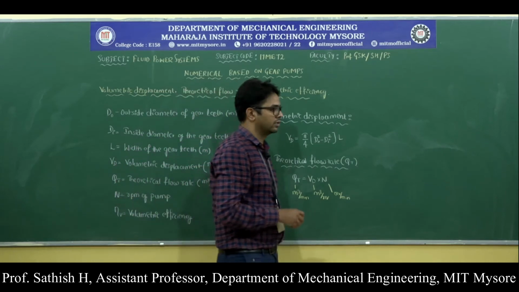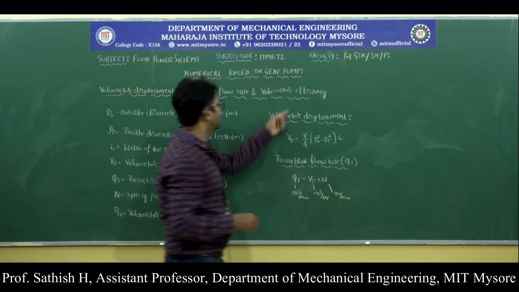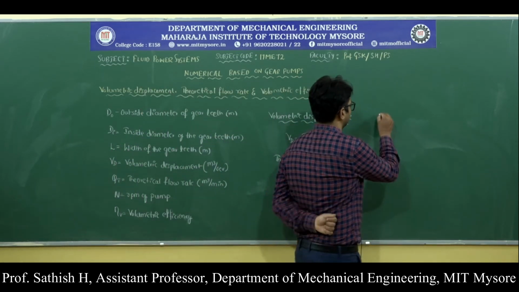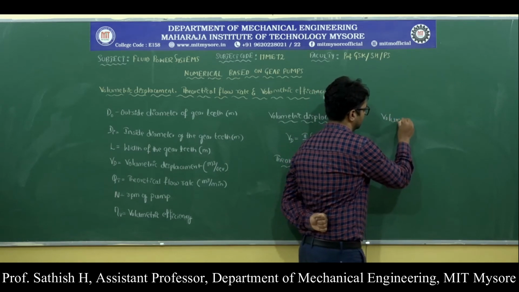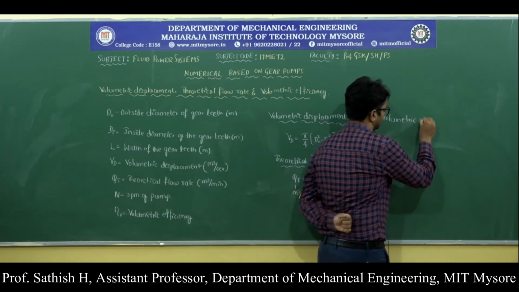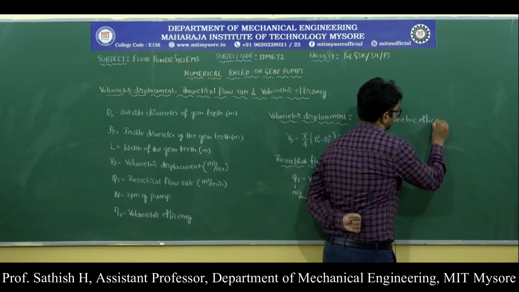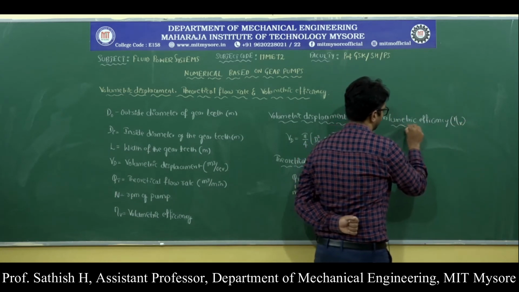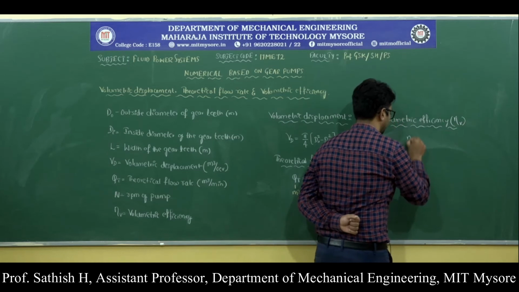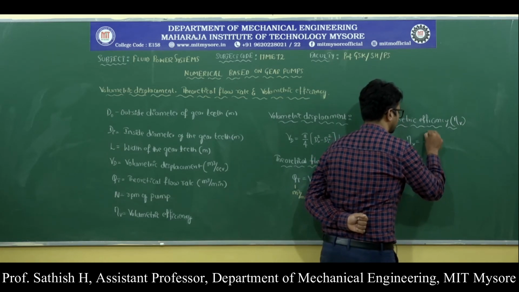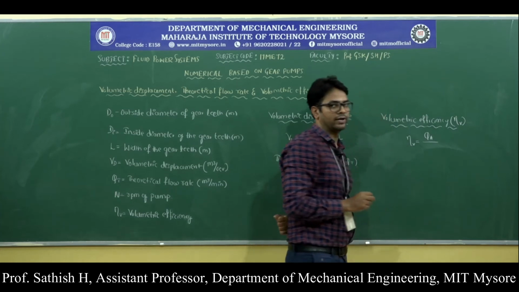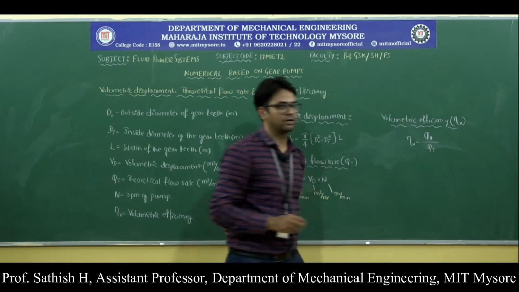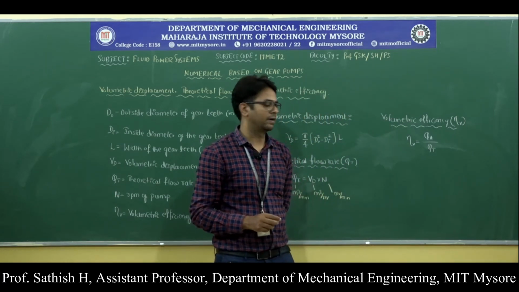Next, one more important expression we need is the volumetric efficiency of the pump, which is normally written as nu V. So nu V is equal to the ratio of actual flow rate to the theoretical flow rate, that is QA divided by QT.